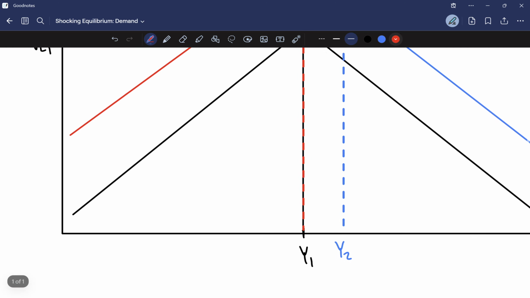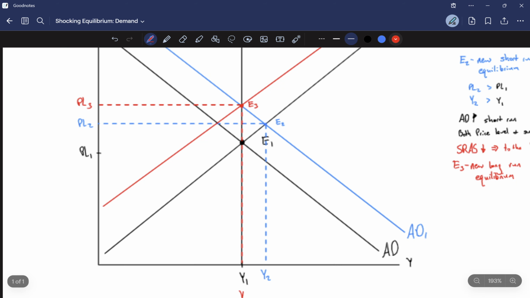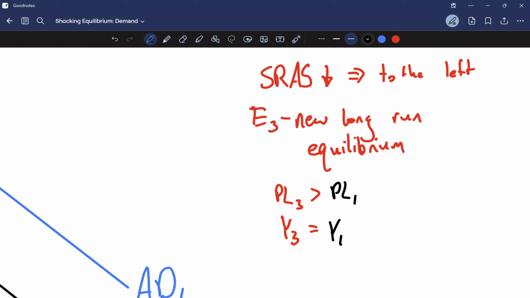We'll call that price level 3, but output at Y3 looks to be the same. So price level 3 is greater than price level 1, our original price level, but output 3, or Y3, is equal to output 1.